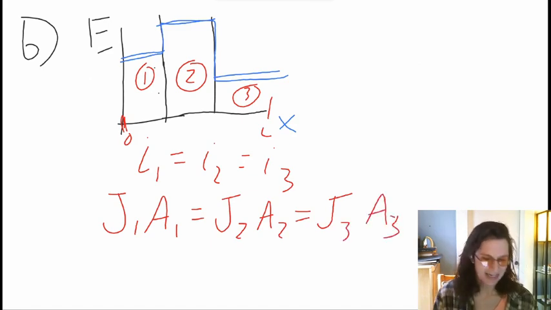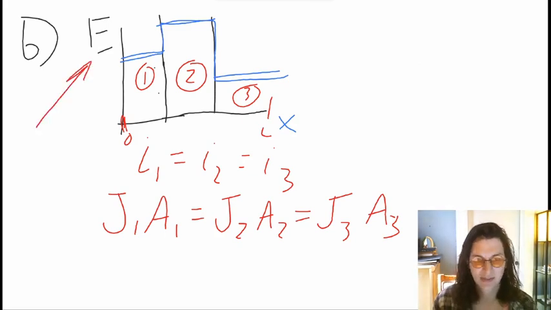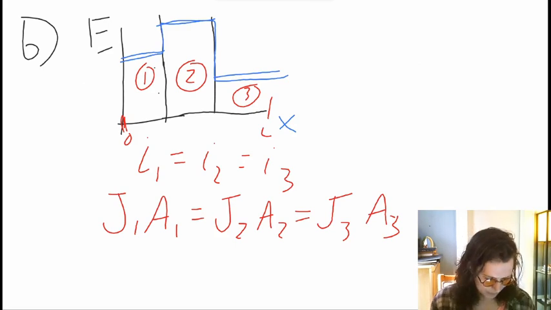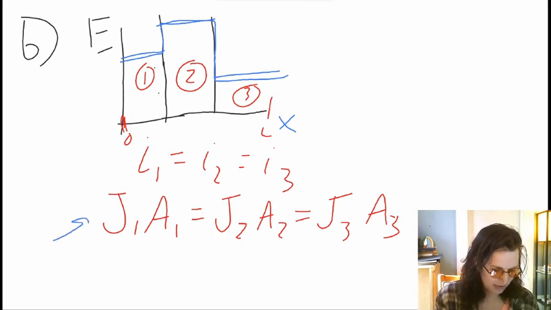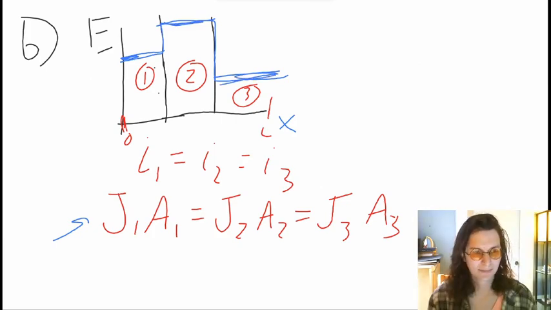Ultimately, I want to relate my electric field from this graph to the cross-sectional areas, where my cross-sectional areas are pi r squared. So I know I'm going to replace my areas here with pi r squared. The question is, what do I replace the current densities with? Well, this is actually just going to be the ratio that we have here. It'll be the electric field times some constant that would cancel out.